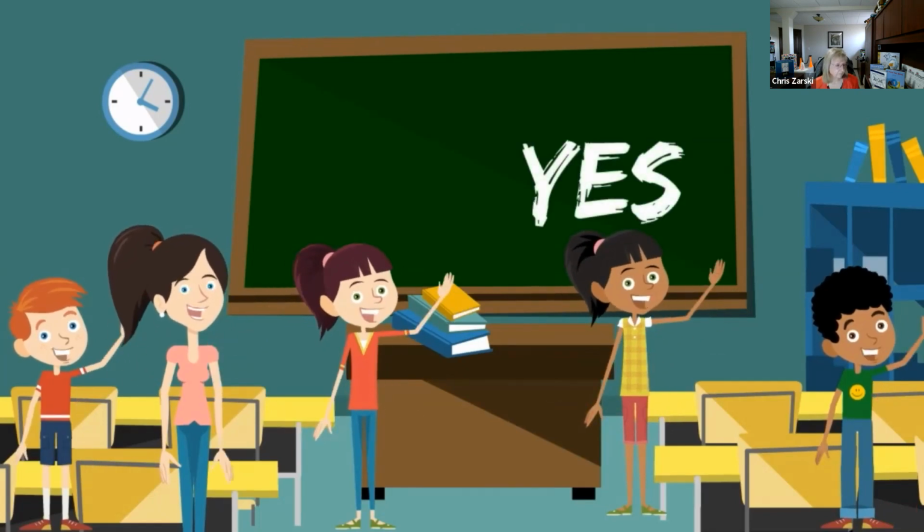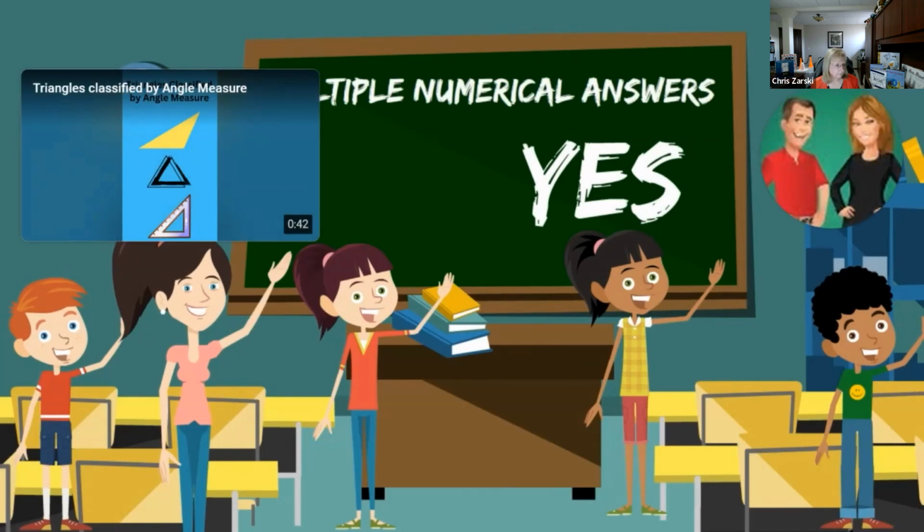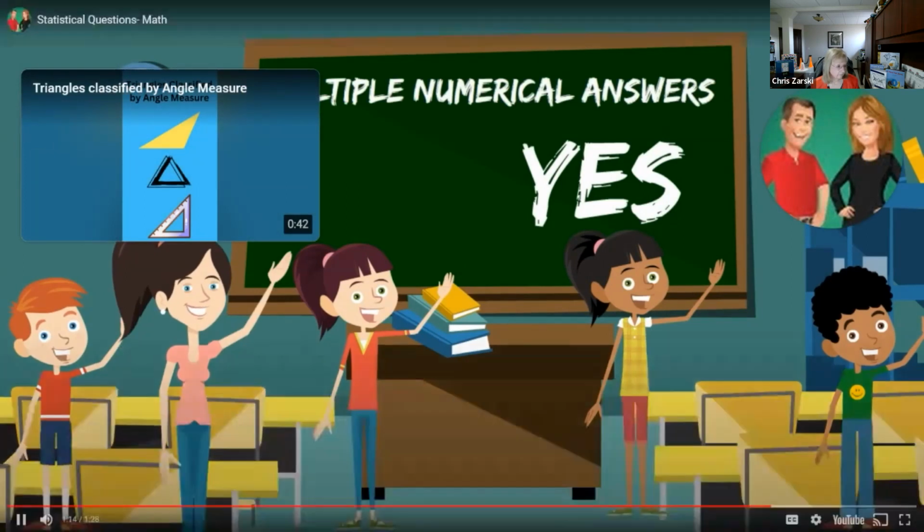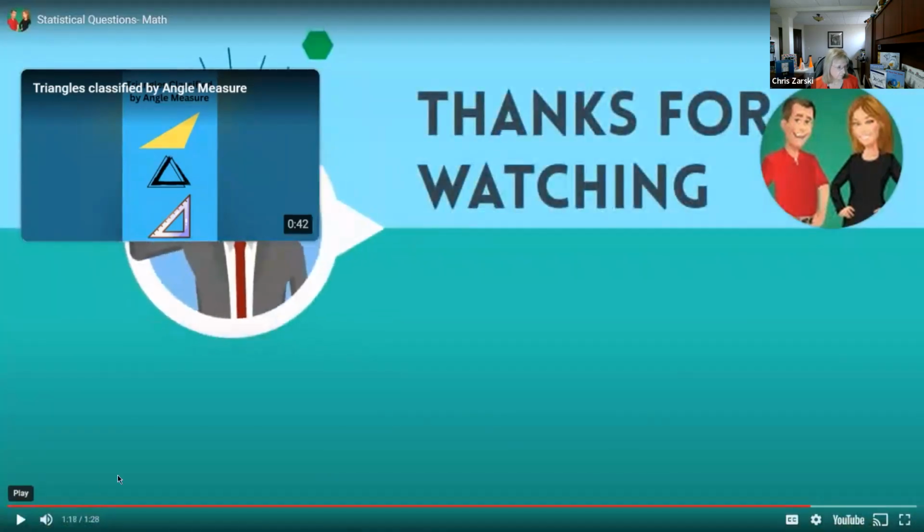Yes, it is, because we get a lot of different number answers. So there you go. Statistical questions and variable. So in short, statistical questions have to have multiple possible answers and they have to be numerical in nature.